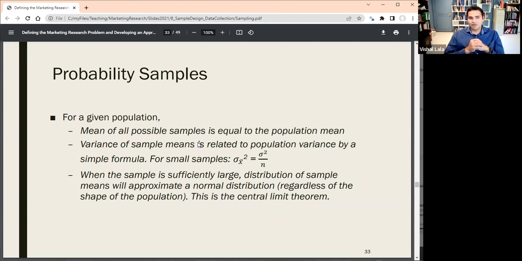Therefore, the sampling mean, being the mean of all the samples, is an unbiased estimator of the population mean.